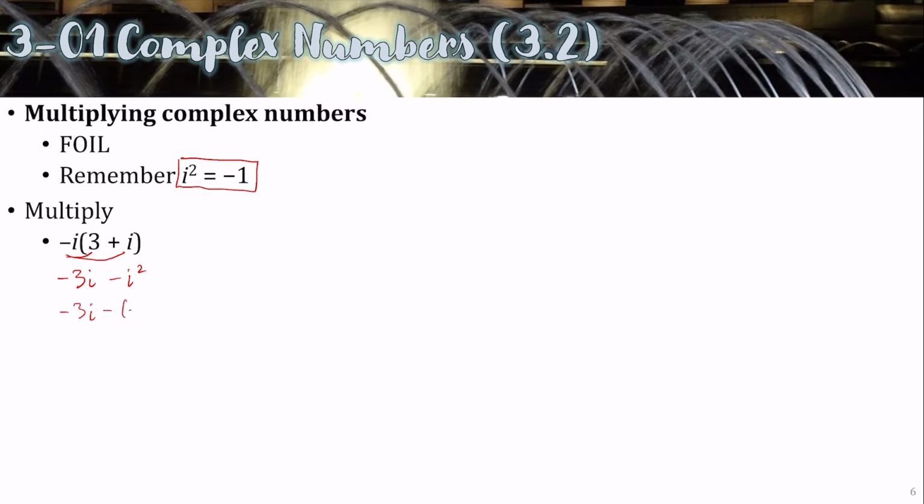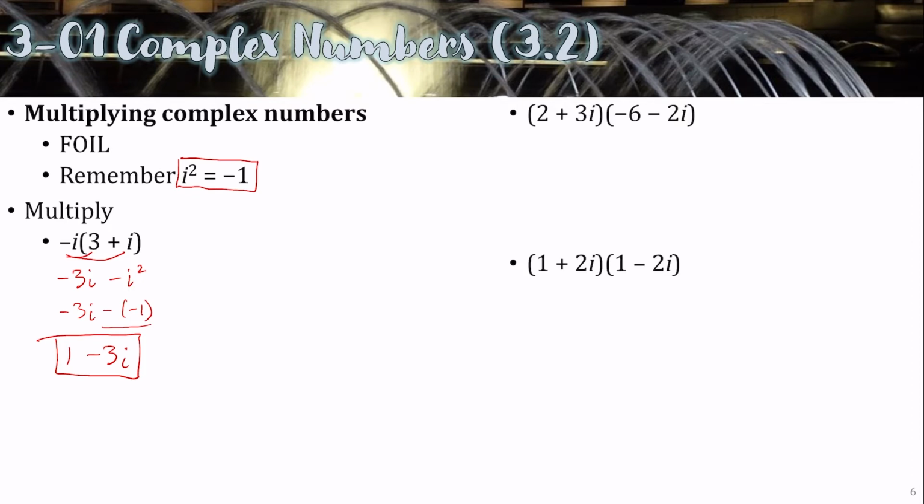But i squared is -1, so I'll replace it with a -1. And then minus a negative is a plus, so I have 1 minus 3i. So we usually write it with the real number first and the i part second.